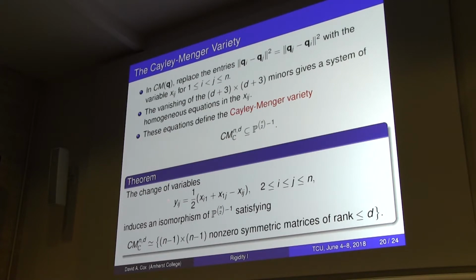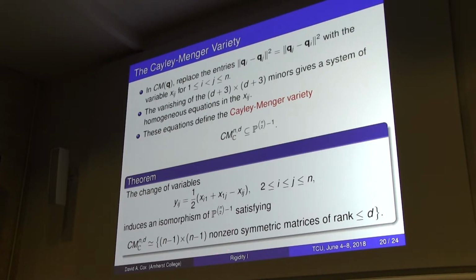And then what's interesting is that if I do a little change of variables, so I have to pick one of the variables, and make a choice, but once I make that choice and make this change of variables, I turn this variety into the variety of n-1 by n-1 non-zero symmetric matrices of rank less than or equal to d.